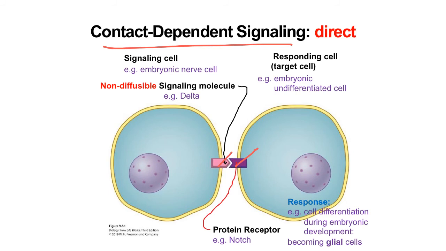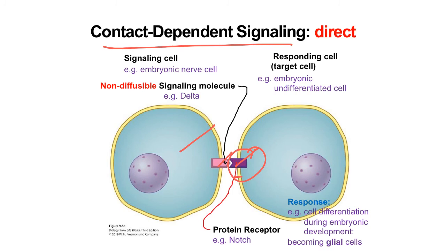This signal is received by all the cells directly touching the delta-expressing cell, through a surface protein called notch, which is this.